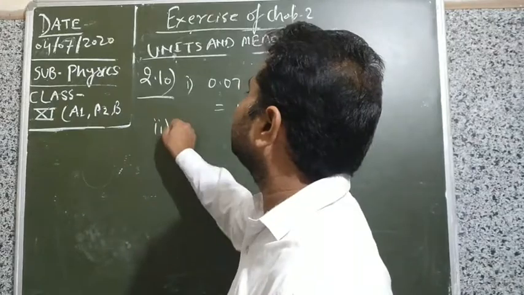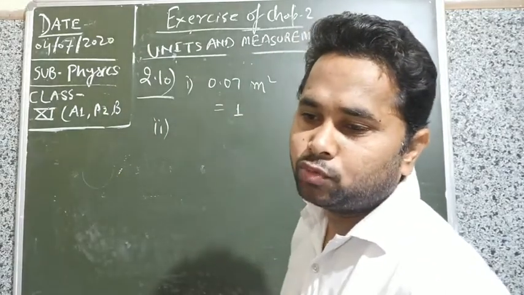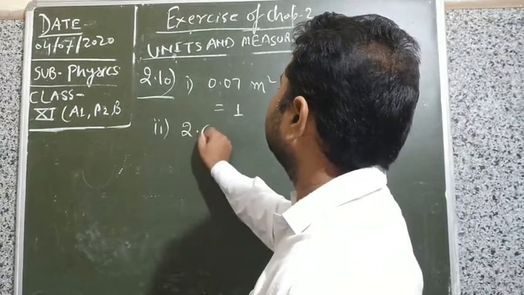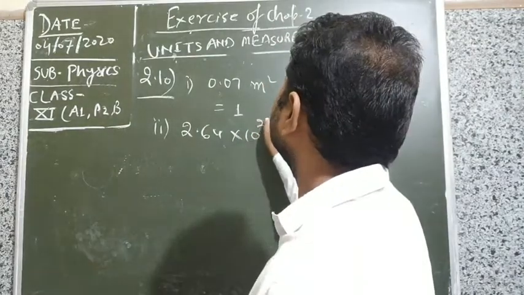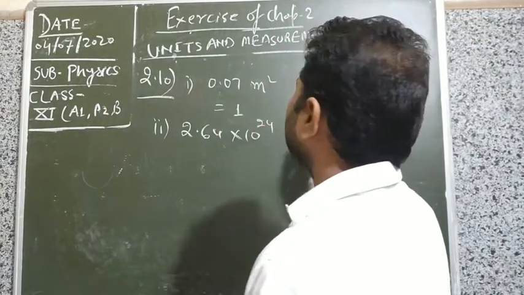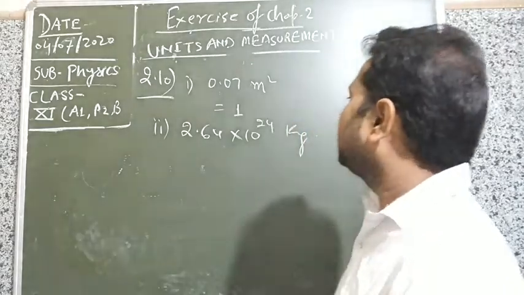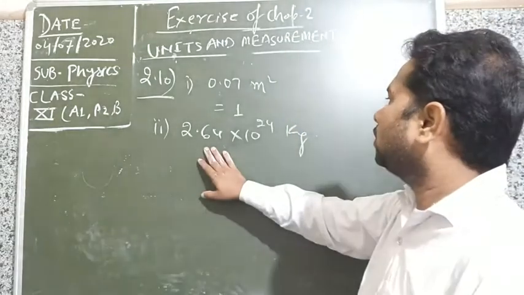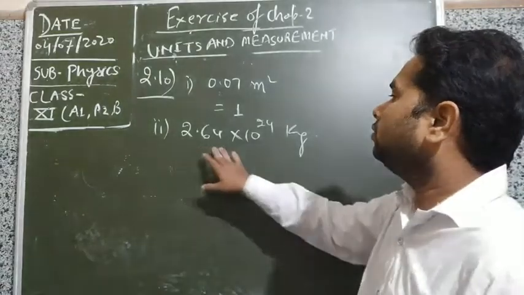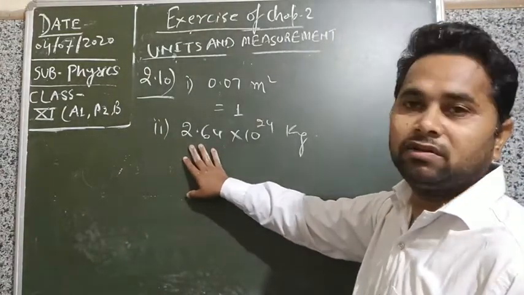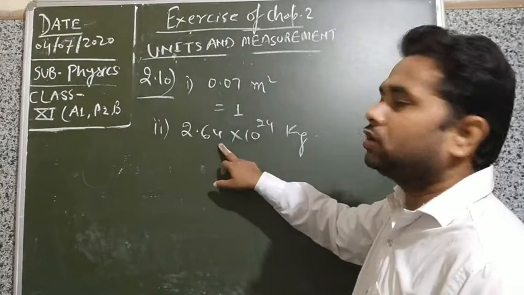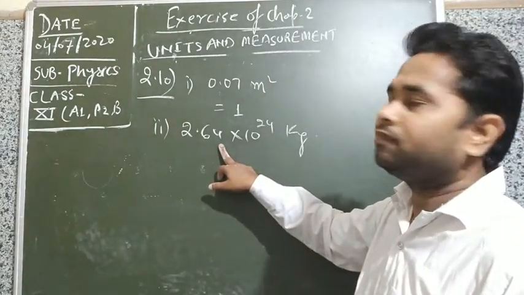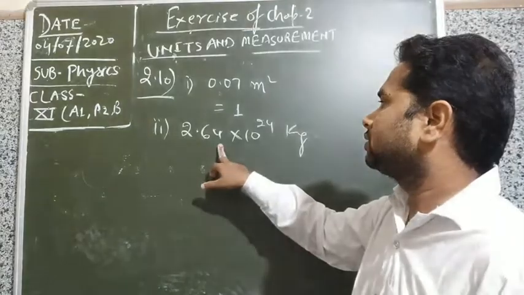Now see question number 2: 2.64 into 10 to the power 24 kg. We have also discussed this rule कि the given value is a decimal number, so all the digits which are non-zero are all significant figures.